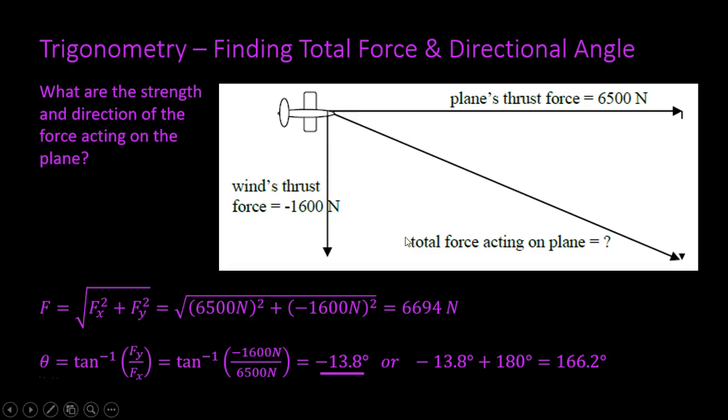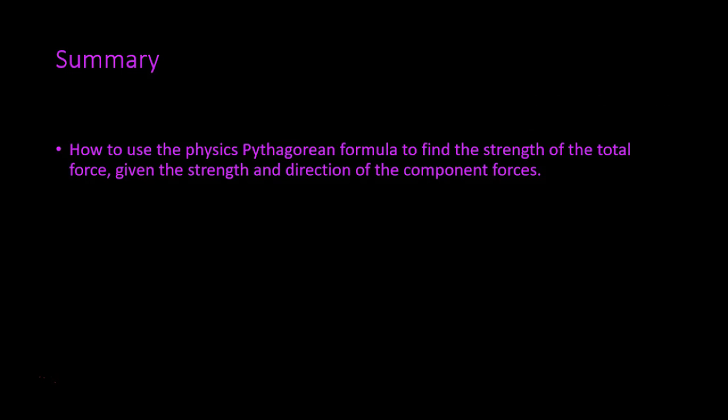So in this case, our calculator answer is the one that fits this physical situation, not the calculator plus 180 degrees. Well, this wraps up our podcast. So let's summarize what we learned. We learned how to use the physics Pythagorean formula to find the strength of the total force given the strength and direction of the component forces.